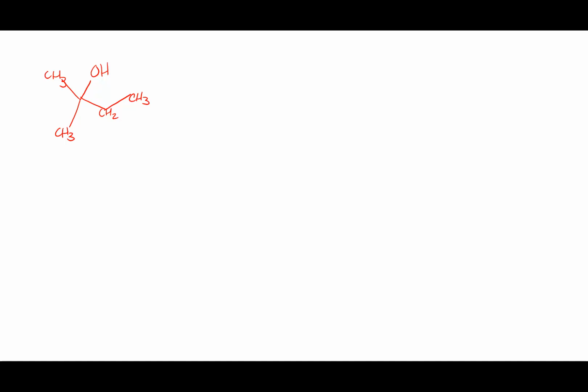Well, here would be the first kind of strategy that I would think about. This CO single bond came from what kind of functional group? What did it start out to be? It started out being a carbonyl.